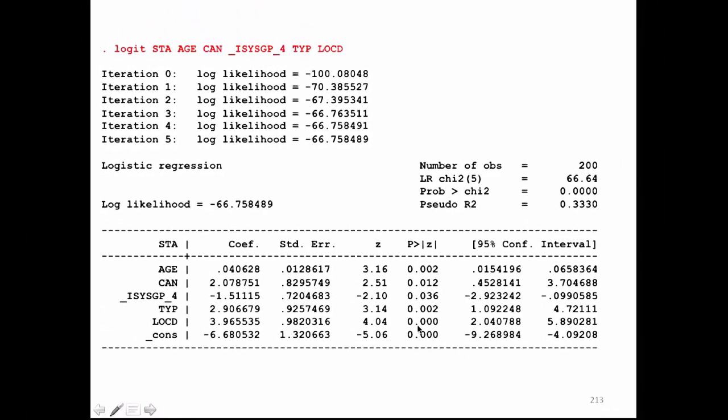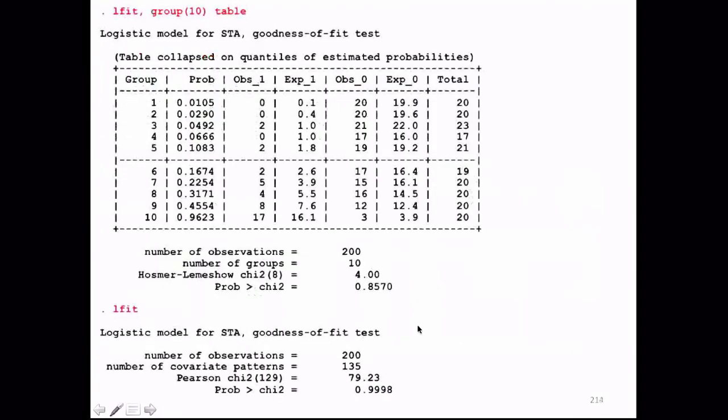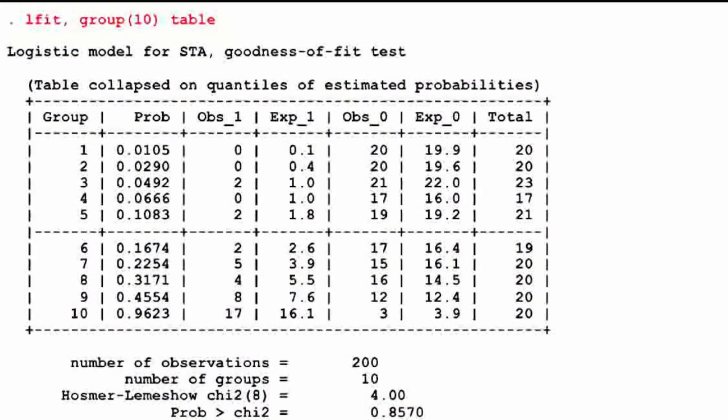So now we're ready to look at the goodness of fit of this model. So we say again, LFIT, comma, group 10 table. And that will then fit the logistic model. And notice that we have, again, because I've said I wanted 10 groups, so we have 10 groups. And we know that the first group are individuals whose probability of dying in the hospital is between 0 and 1.05%.